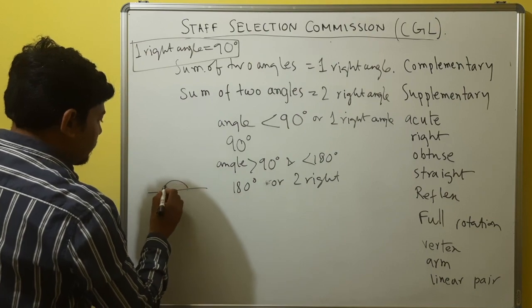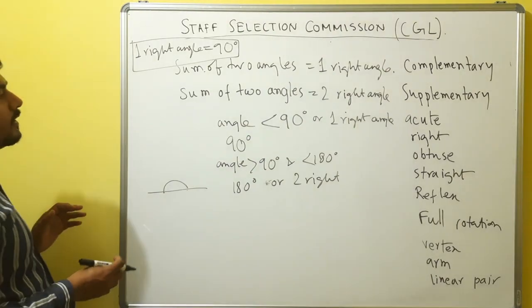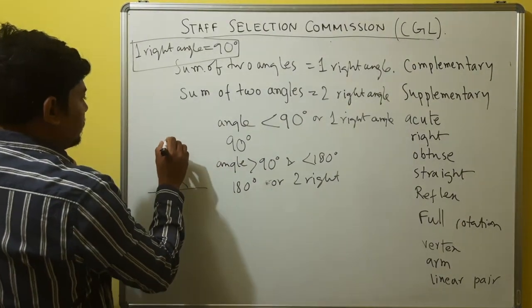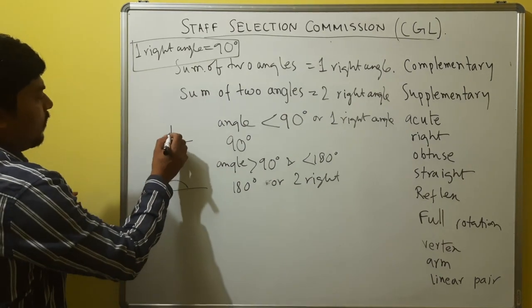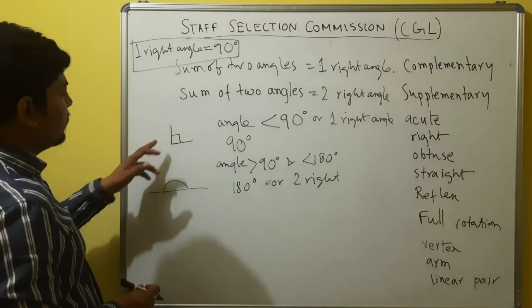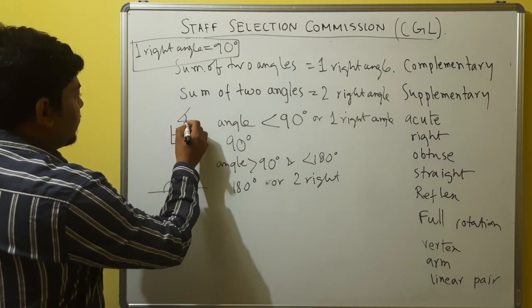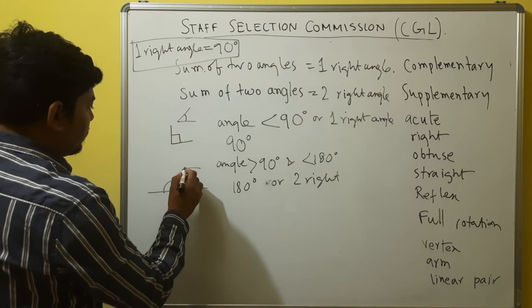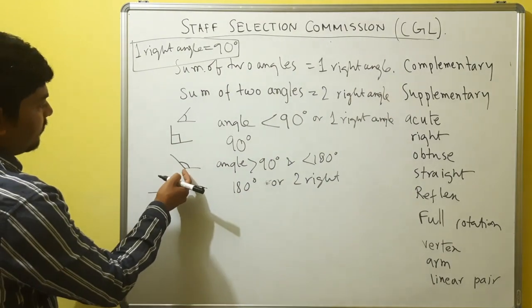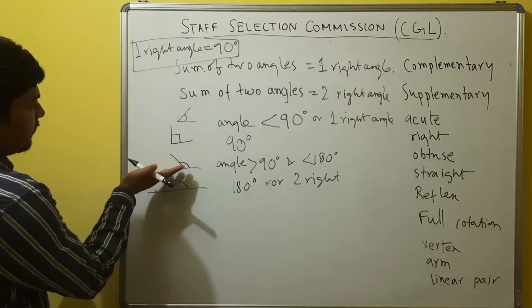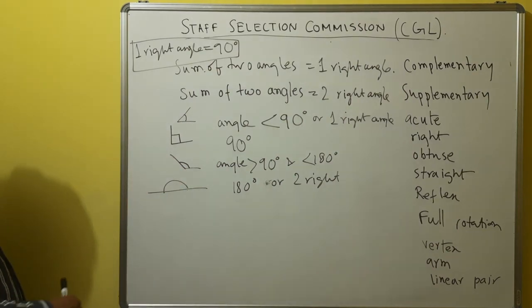This is a straight line. That's why the name straight angle, because it is on a straight line. A right angle is exactly like this, and we mention a right angle like this, not in a circular way. This is less than 90, something like this. This is greater than 90, but it should be less than 180. So that's why this is the angle symbol.